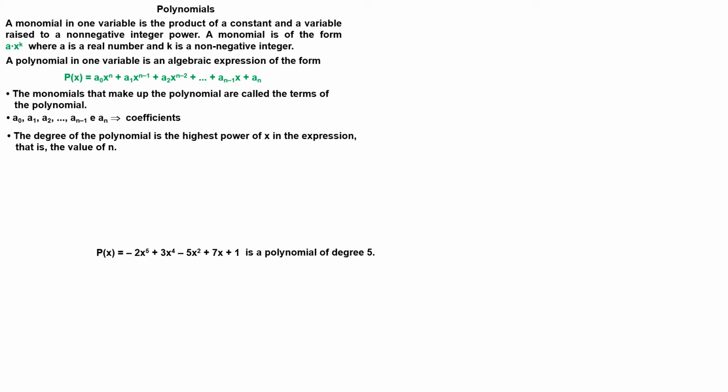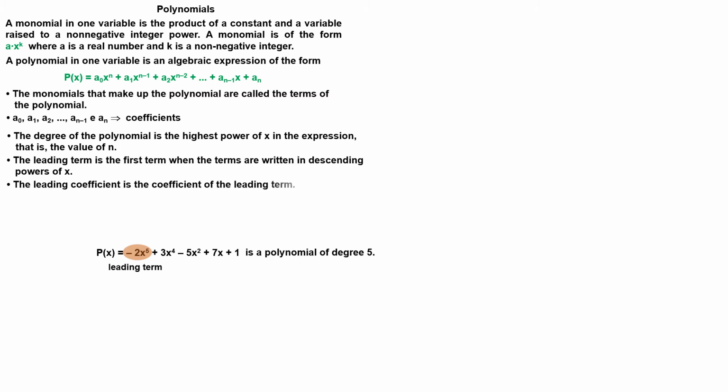Polynomials are usually written in descending order according to degree. The leading term is the first term when the terms are written in descending powers of x. The leading coefficient is the coefficient of the leading term.